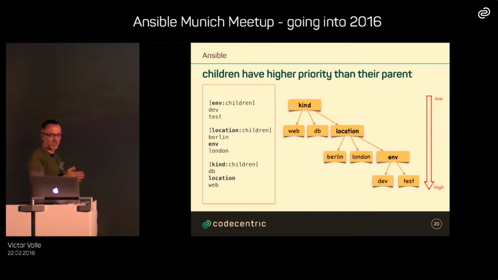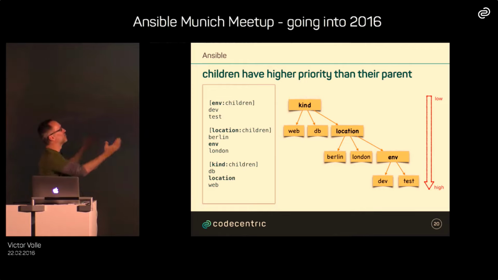So what I did is, on the top I have the kind of servers, that is web and DB, and to keep the order I want, this is not a kind of server, but it's a kind of hack. I place location at the same level as the kind of things as servers I have.